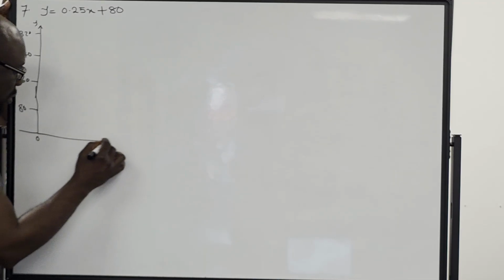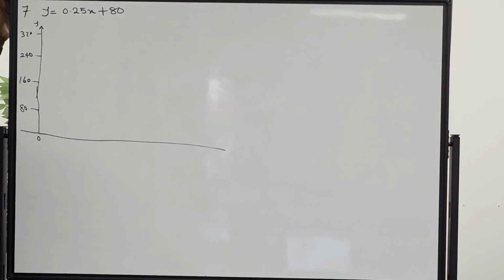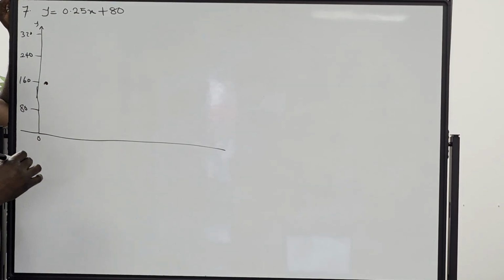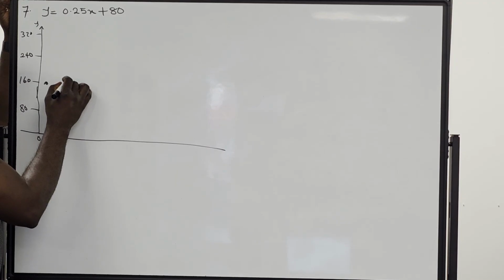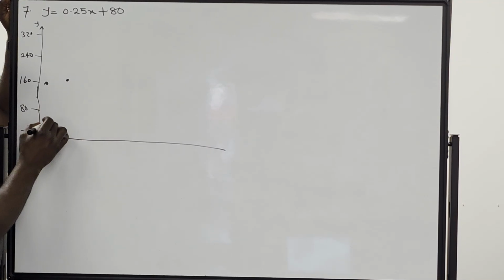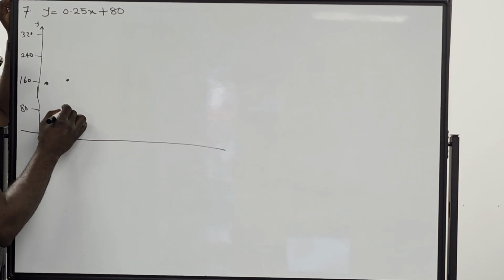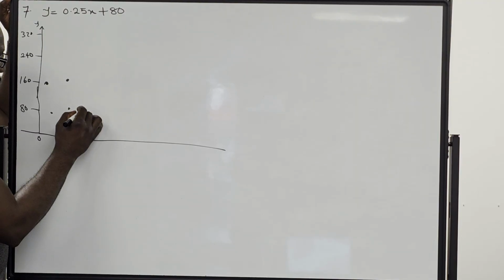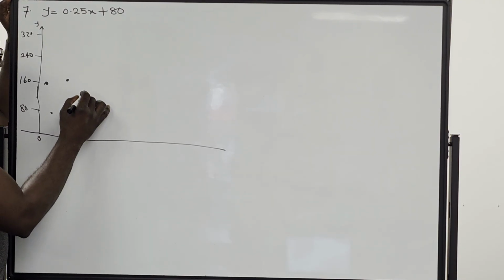And here we have a dot right here. We have another one just right here. We have one here, and we have one here. We have another one here, and we have one here.